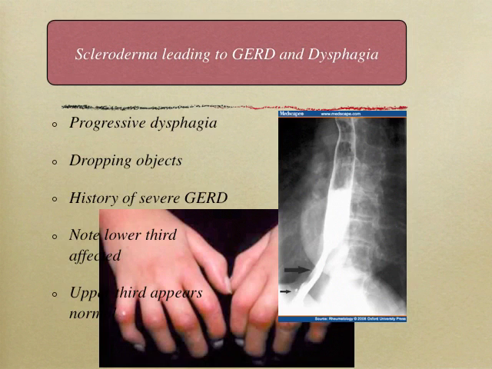So many years of GERD followed by dysphagia, with certain other clues that the patient has connective tissue disease, like the hands, as shown in this slide, or they might show that the patient is dropping things, part of the CREST syndrome.